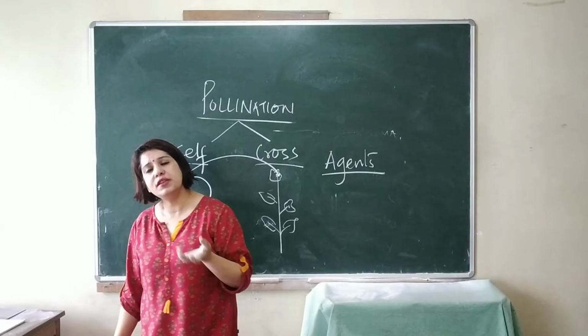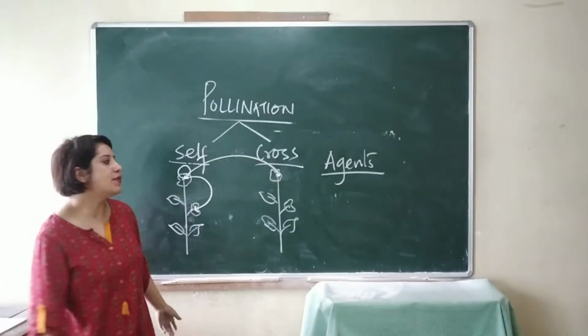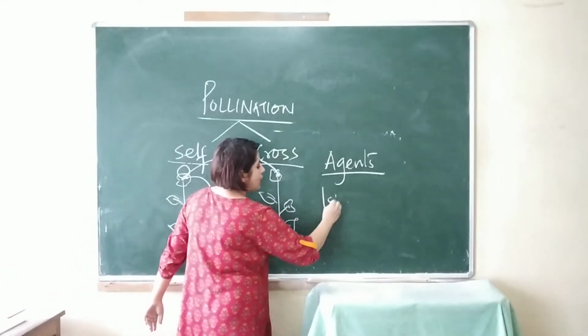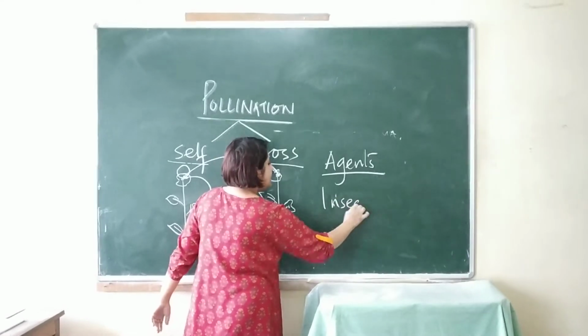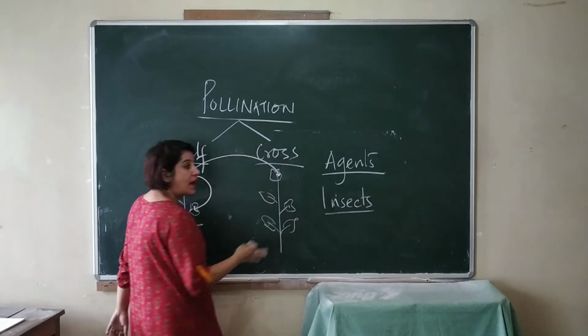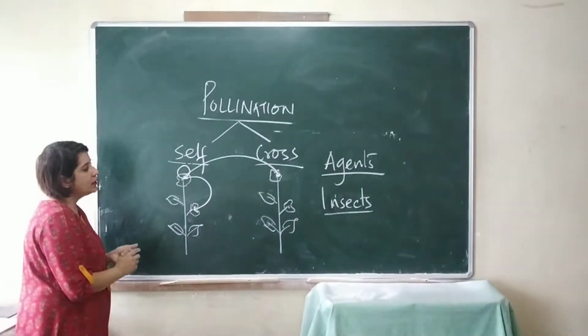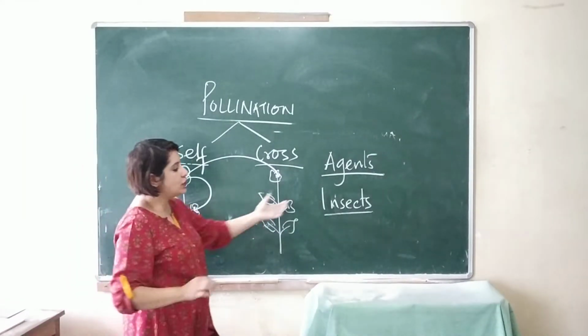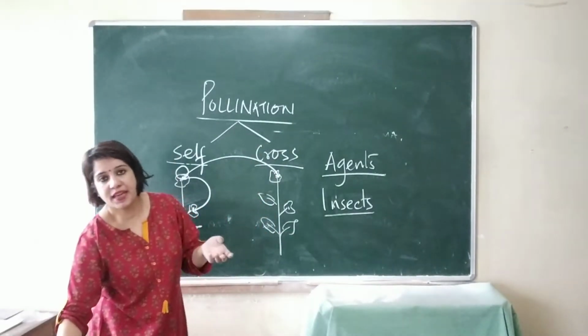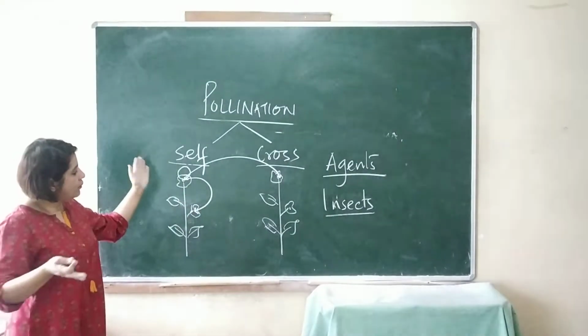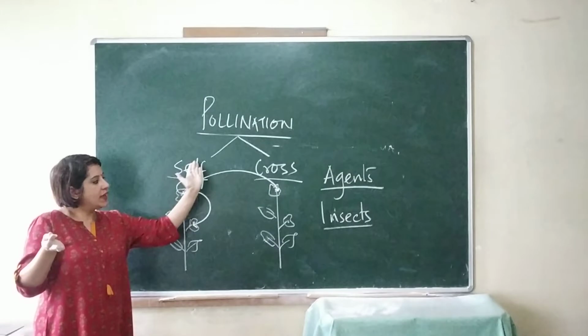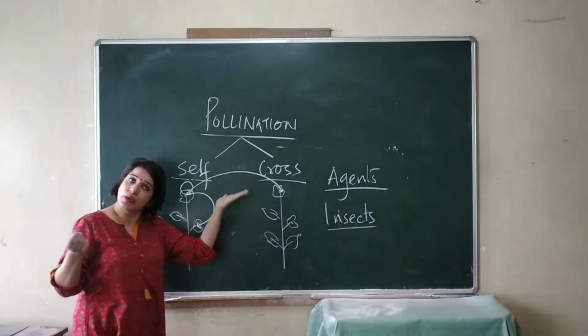And the most important agent we all see around us are insects. For example, butterfly, bee. So the first type of agent is insects. The next one: when the wind blows, the pollen grains are very light, so they can be carried from one flower to another.